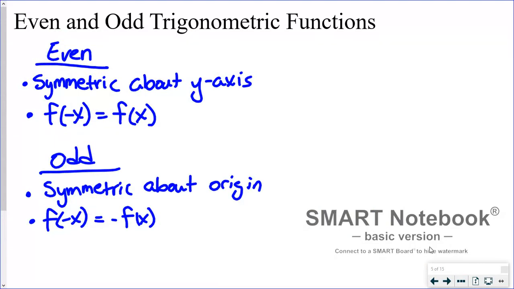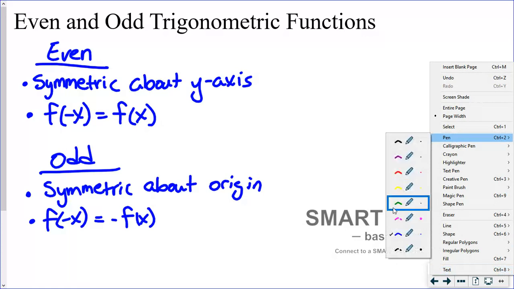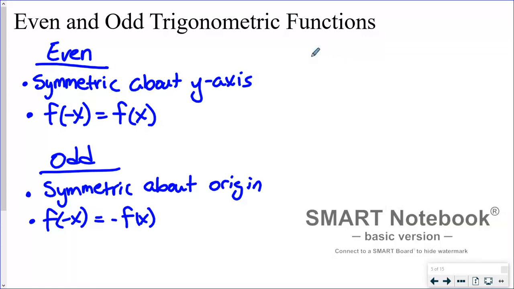Let's look at a couple of examples and see which ones can be odd and which ones can be even. You'll definitely want a unit circle in front of you. As I said yesterday, for the foreseeable future, you will always want a unit circle in front of you.